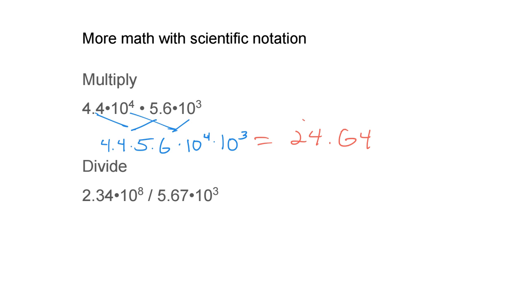And then 10 to the fourth times 10 to the third. When you're multiplying exponents with the same base, you're going to add exponents. So this is now times 10 to the 7th. 4 plus 3 is 7.